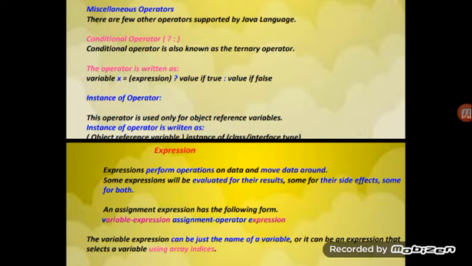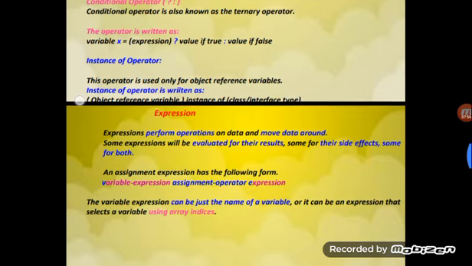For the expression you take something like a is greater than or equal to b, and then the value if true or false. In that way we write these ternary expressions.